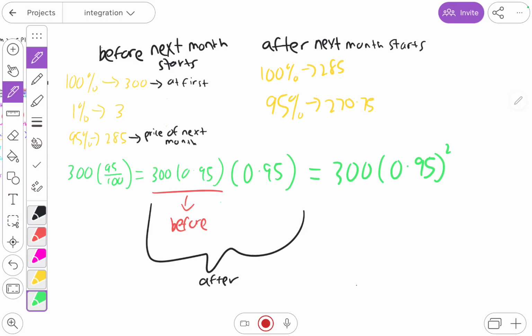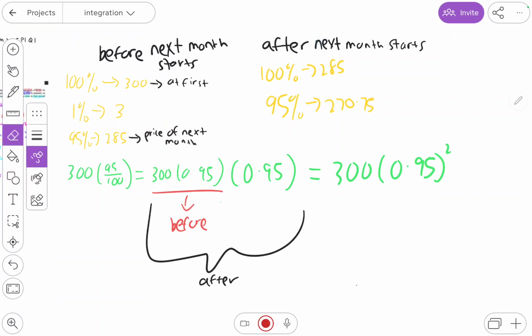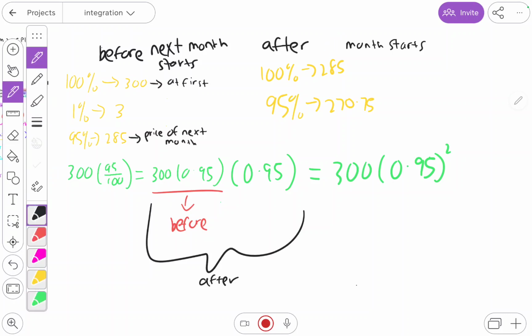And I should, okay, before next month starts and after end of next month. Okay, this one I won't screenshot, but if you want, you can pause the video anytime to copy first. Okay, so as mentioned earlier, these two terms can be simplified, so it's 0.95 squared.